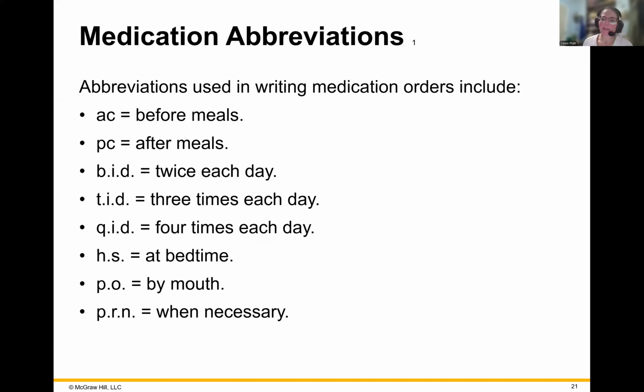These are some common abbreviations that you're going to see in medication orders. And again, it's all memorization. So I believe that there are going to be some questions on your test or your practice questions that have you identify what these mean. Again, my suggestion is to make flashcards on these.